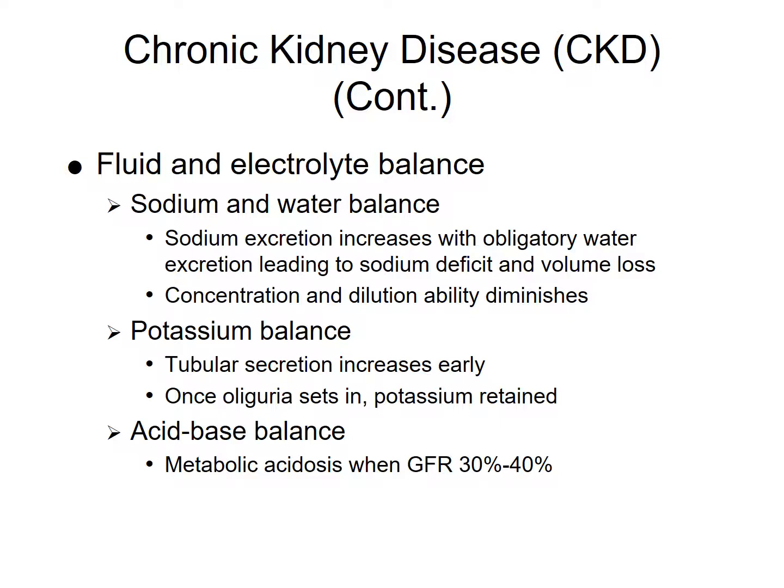So tubular secretion increases early. Once oliguria sets in, the potassium is now going to be retained. Acid-base balances will be off now because metabolic acidosis will set in when the glomerular filtration rate is 30 to 40%.